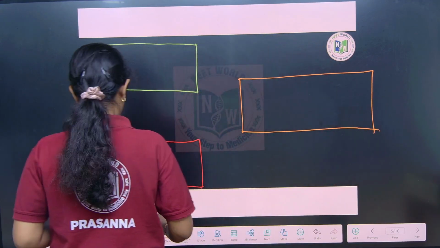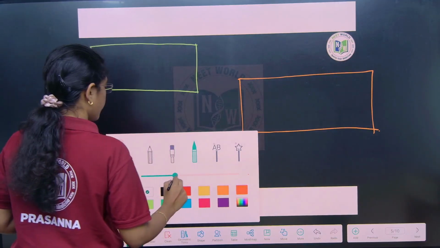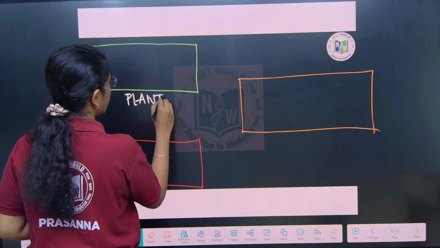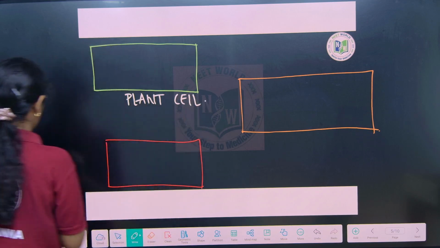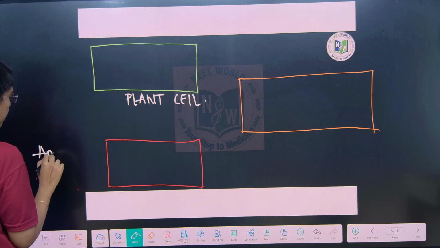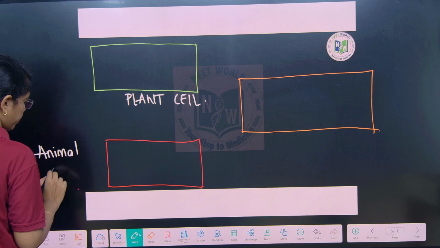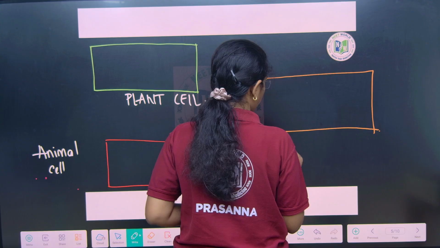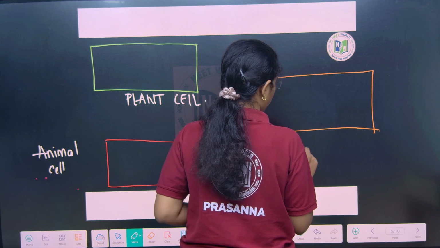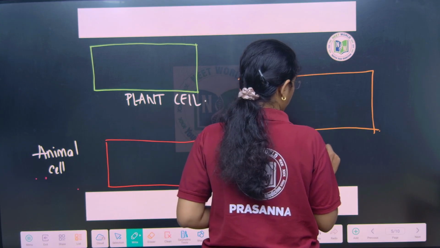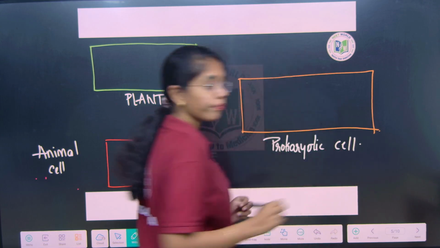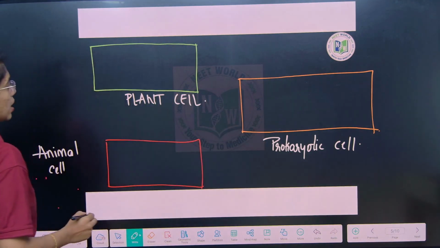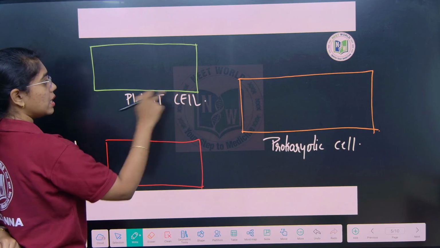So, we have plant cell, animal cell, and prokaryotic cell. Got it? Here, if you observe, a plant cell is a eukaryotic cell, right?